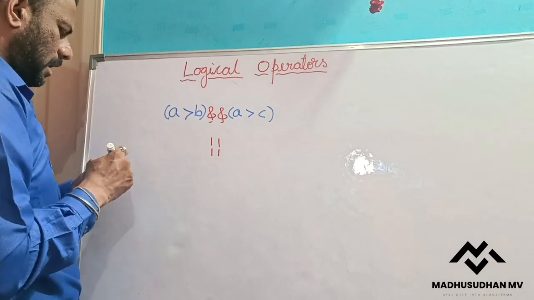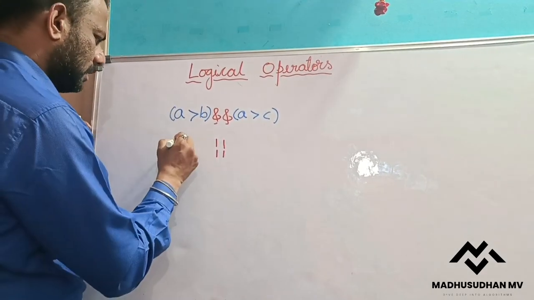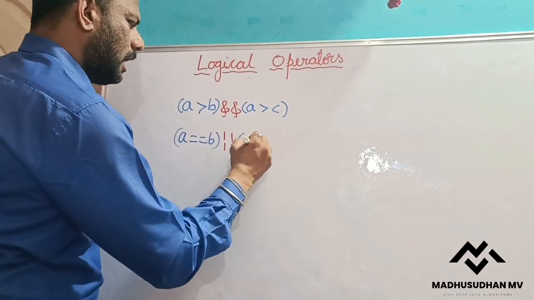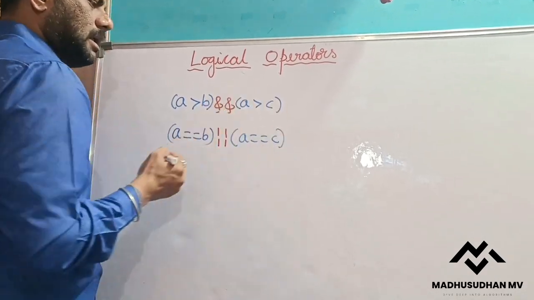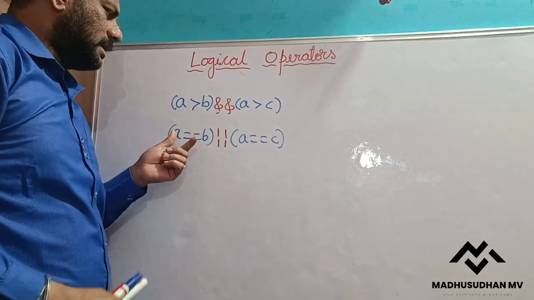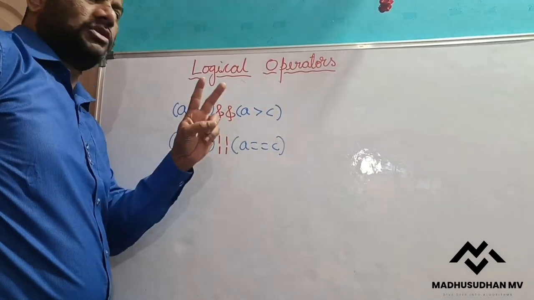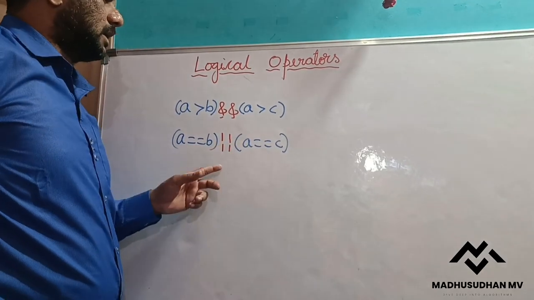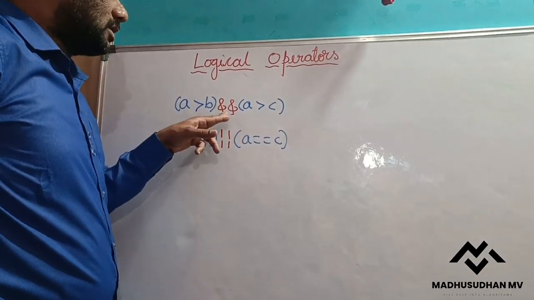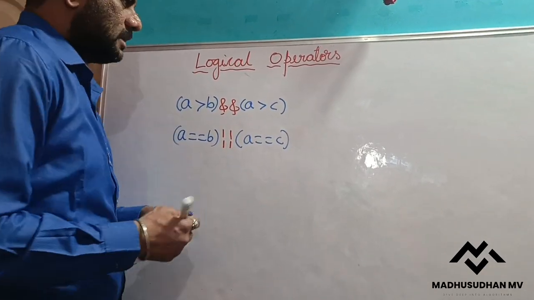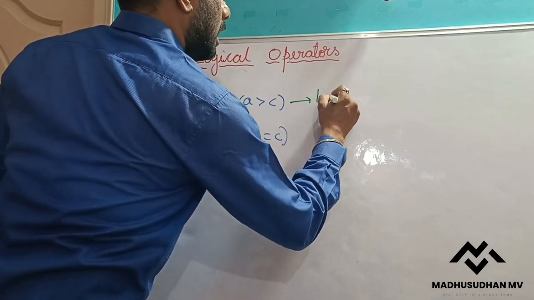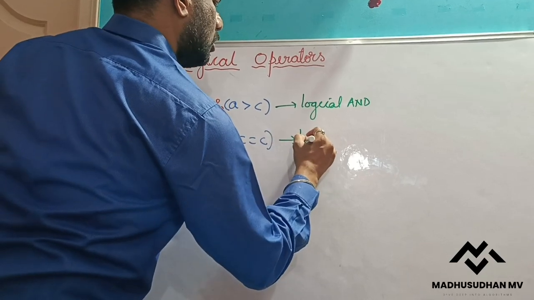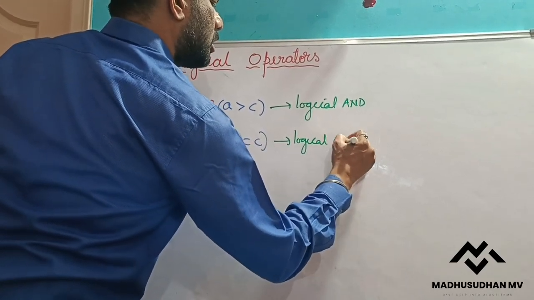Let us say I am checking whether A is equal to B or A is equal to C. That means I am checking whether A is equal to B or A is equal to C. So this is called the logical AND operator, and this is called the logical OR operator.